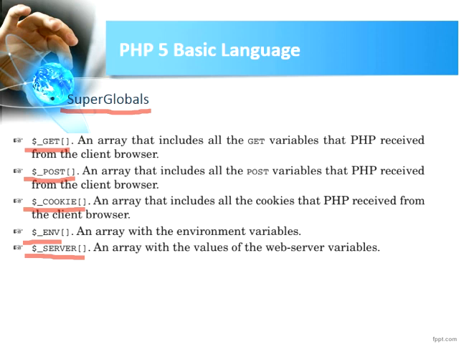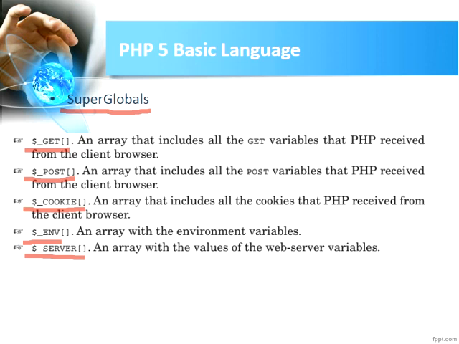These are predefined variables. What is $_GET? It is an array that includes all the GET variables that PHP received from the client browser. Can you give me an example of how we can use this $_GET array?